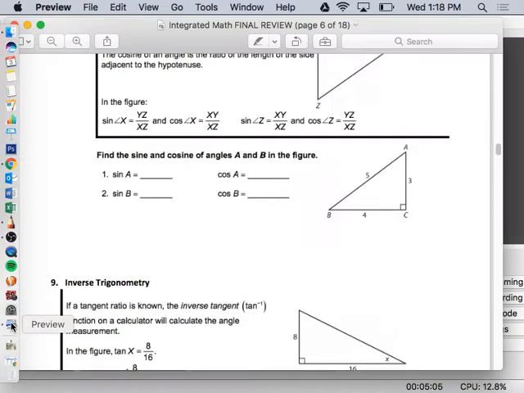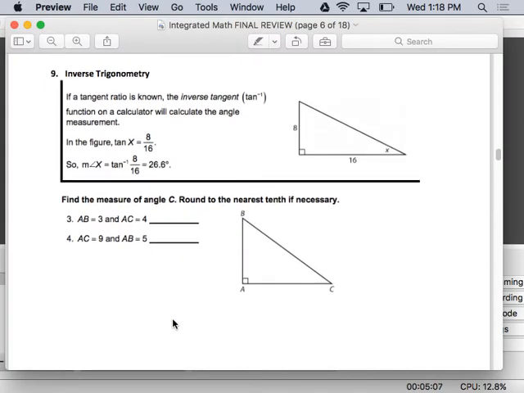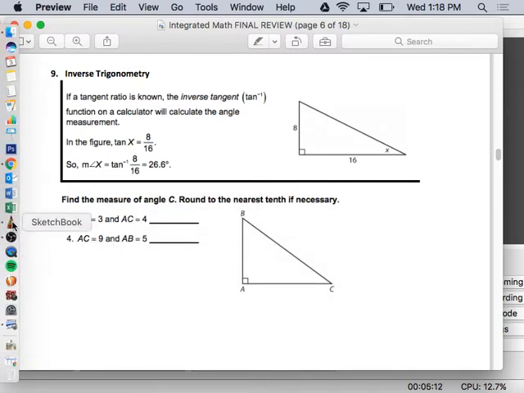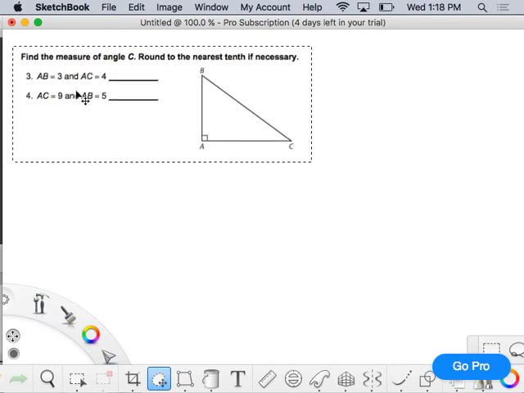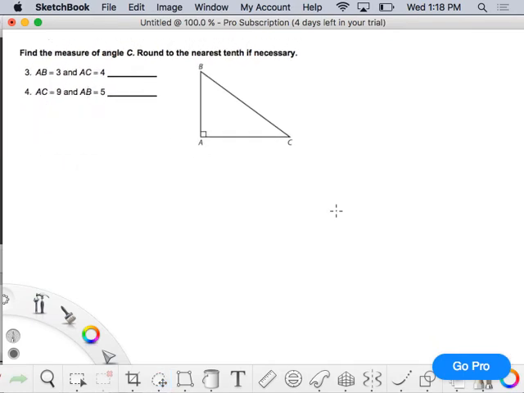The next question goes into inverse trigonometry. So this question is on inverse trig, but now let's make a little table here. There's regular trigonometry and then there's inverse trigonometry. Okay, regular trigonometry says that the sine of theta is opposite over hypotenuse.